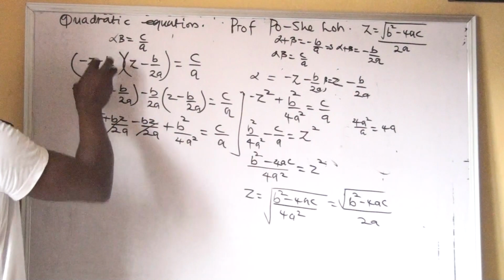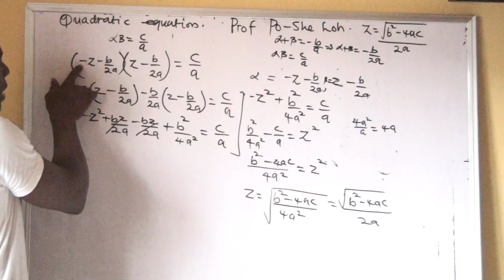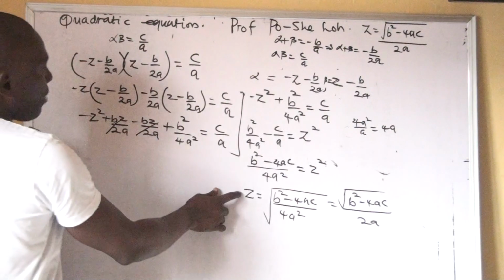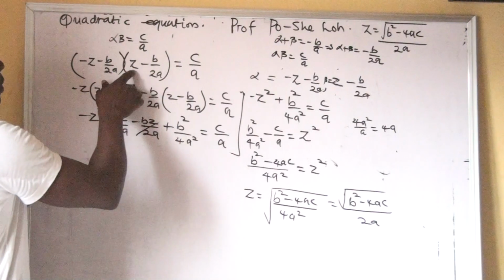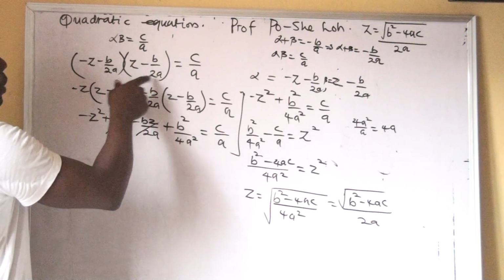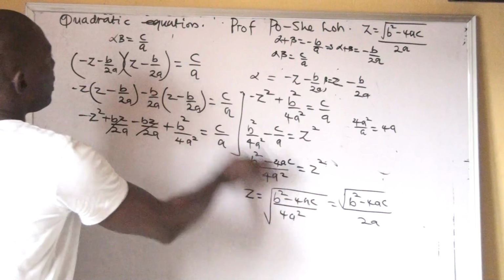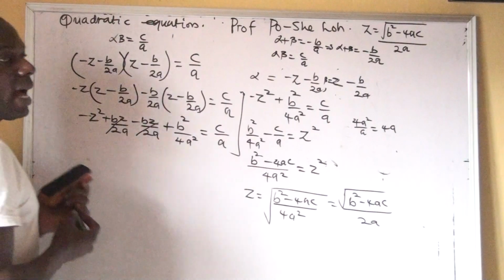Once you calculate this expression and you want to get one of the roots, you take minus z and add this term to it, that is one of the roots. Then the other root will be z minus b over 2a. So the positive value of z, you add it to minus b over 2a, and that will give you the other root.